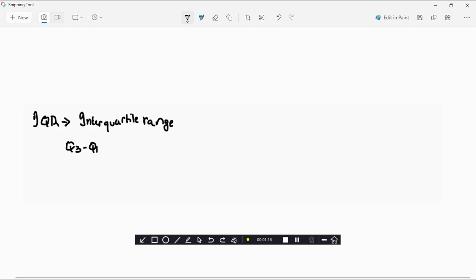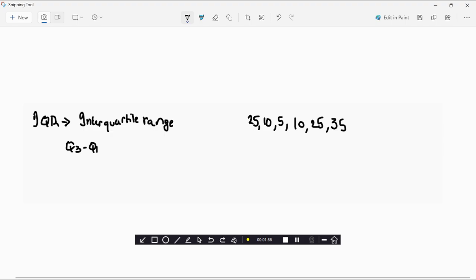Let's say, for example, these are our data values, starting with 25, 10, 5, 10, and 25. Let's add two more values here.